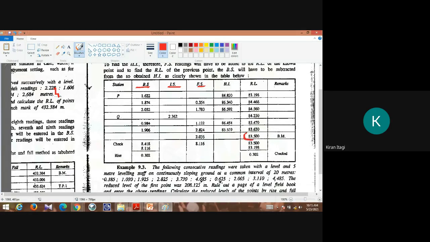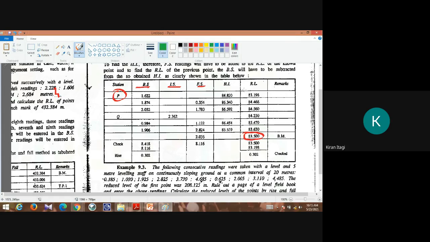And he has mentioned the benchmark for the last reading. Here we have to determine the levels. Reduced level for which station? For station P.